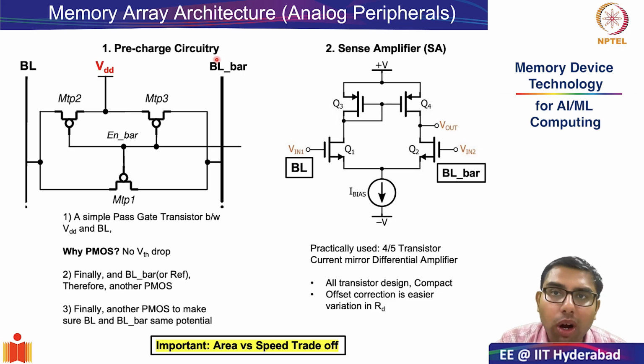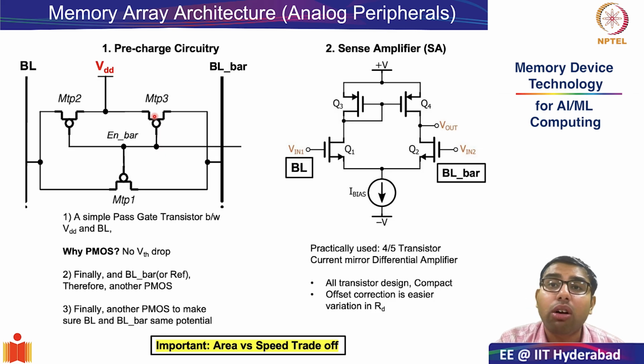So if you would want your read latencies to be smaller, you would expect that bit line and bit line bar charge faster and the strength of these two transistors P2 and P3 to also be higher. As you know, drive strength depends on the sizing of the transistor. Ion is proportional to W by L.